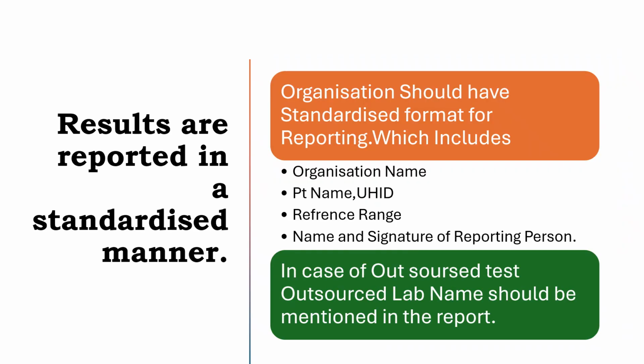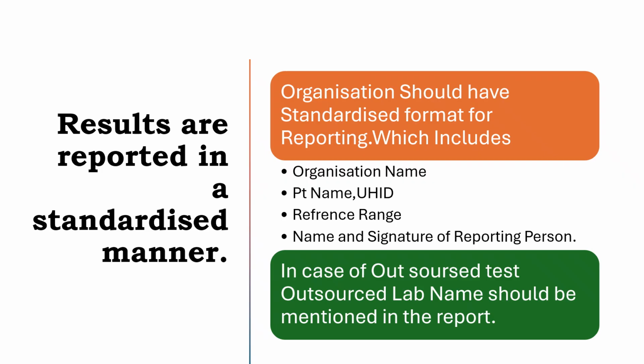Results are reported in a standardized manner. Organizations should have a standardized format for reporting, which includes the organization name, patient name, UHID, reference range, and the name and signature of the reporting person. So you can prepare one standardized format in your LIS or HIS, where your organization name, patient name, and UHID are generated automatically, and for whatever test has been done, the reference range should be shown.